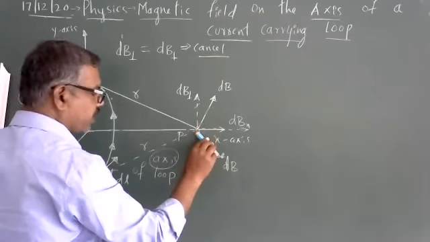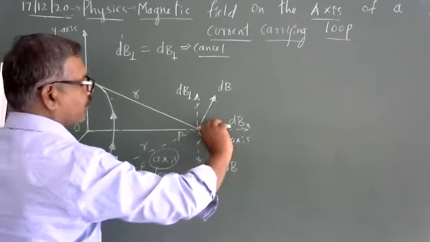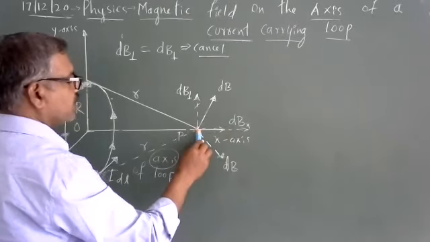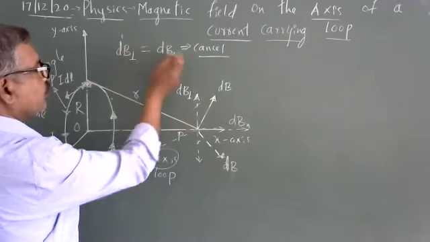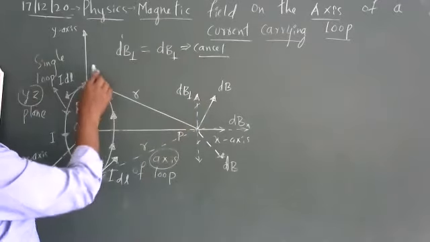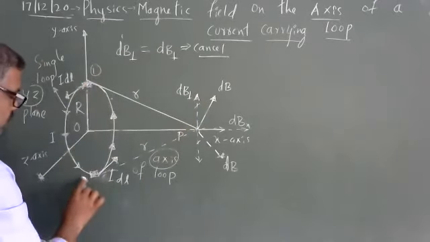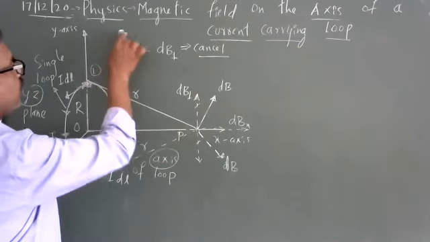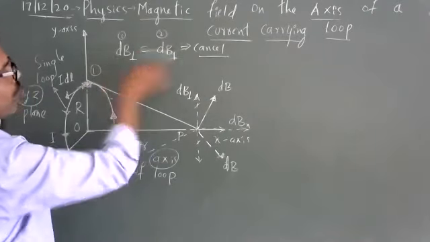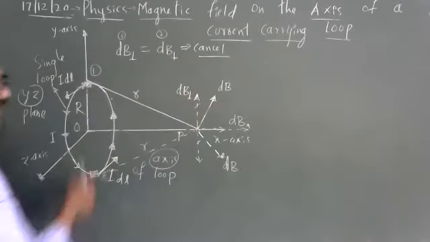If I split into horizontal and vertical components, the vertical components are equal in magnitude and opposite in direction, for small element 1 and small element 2, hence they cancel each other's effect.